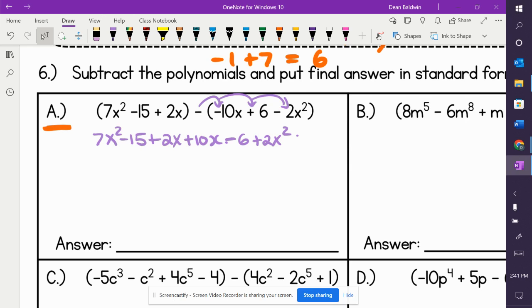So you're right in that everything just flips. It just flips all the signs.